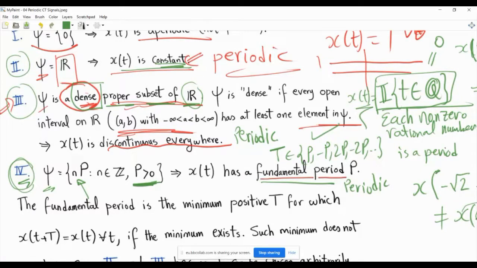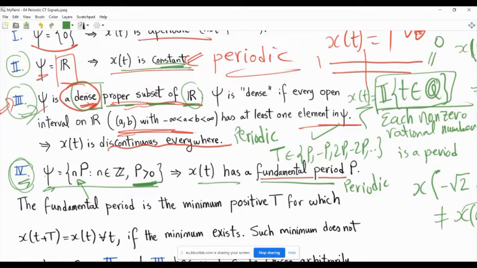There is no fundamental period for those weird signals that are periodic and their periods belong to a dense proper subset of the real numbers. A fundamental period is for those signals whose periods are the non-zero integer multiples of some strictly positive number. So this is the fourth case.